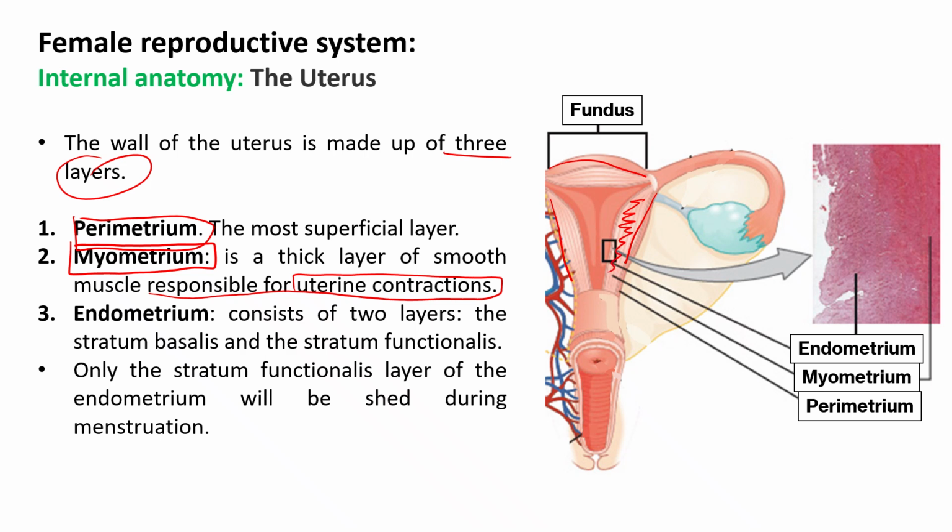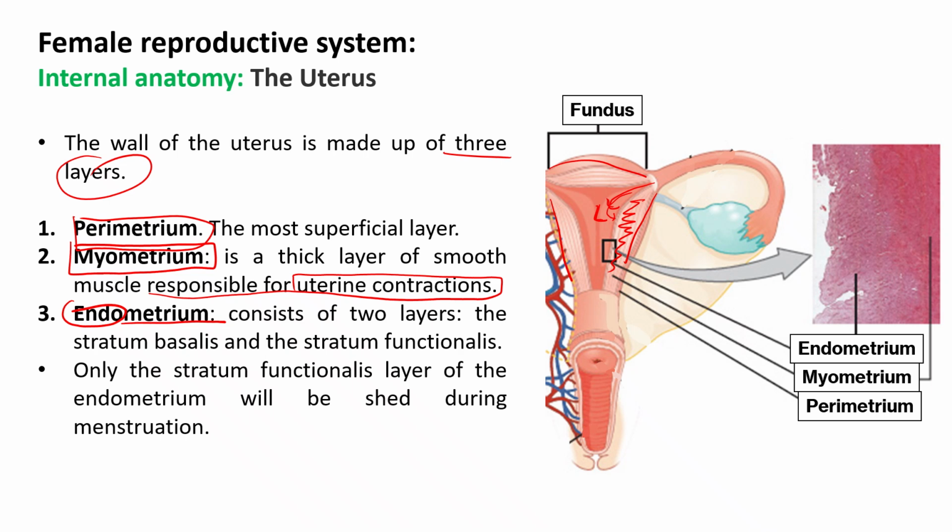Okay? And then lastly, the innermost, the endometrium, is the layer that is in contact with the lumen. It is the layer that will receive the fertilized egg if there is pregnancy, and this is the place where the fertilized egg will implant.